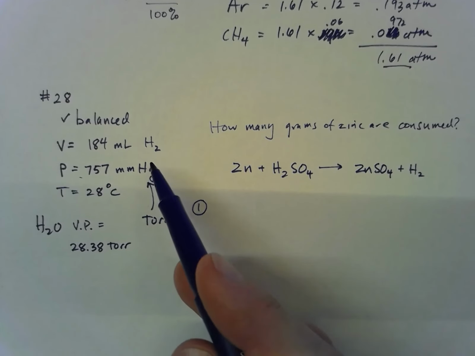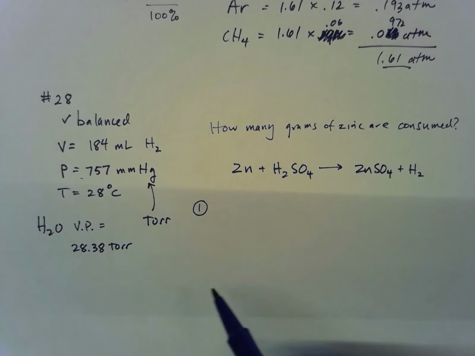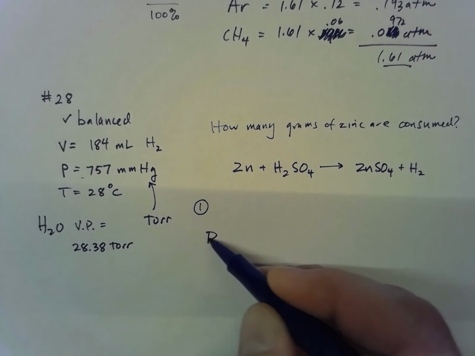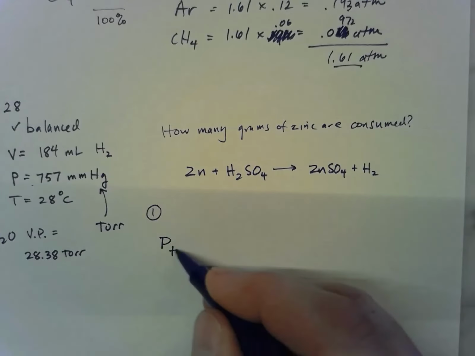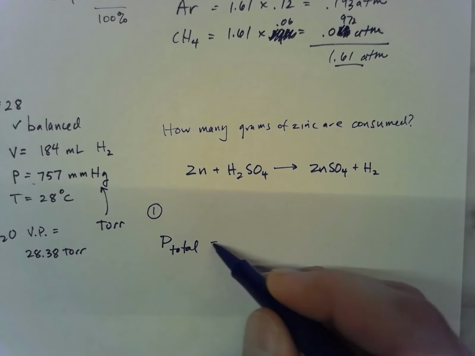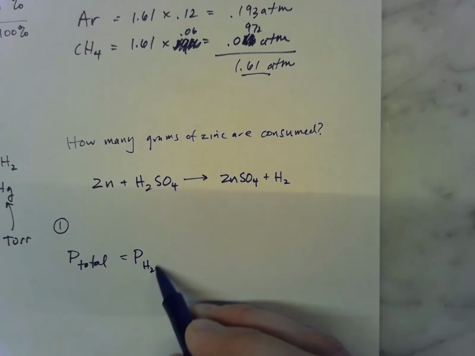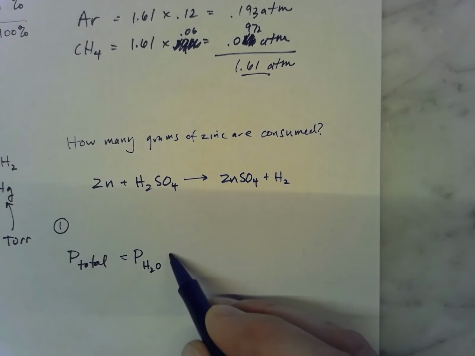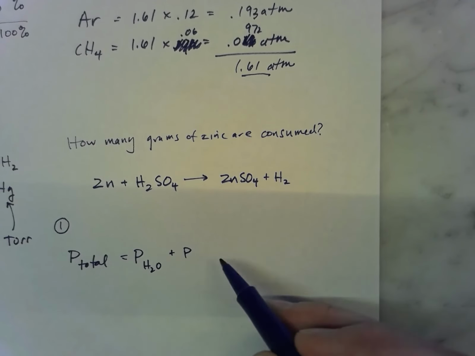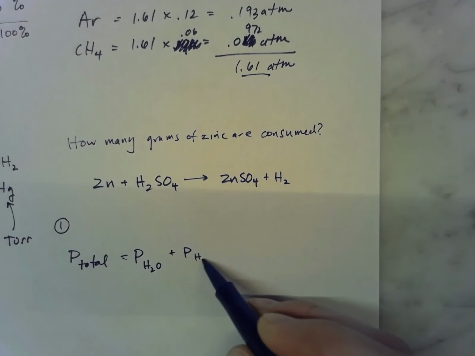Okay? So what do we have? We have P total is equal to the P of our water vapor and our, in this case, H2.